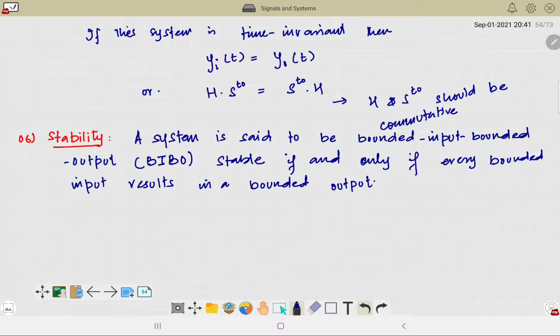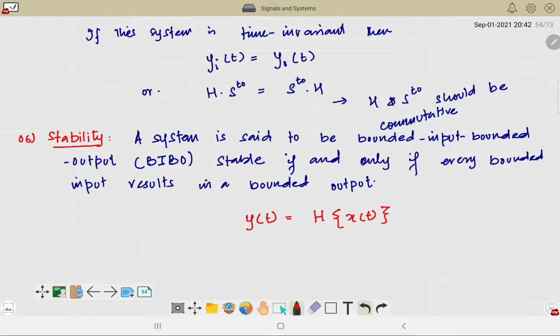Right? So again, we can do a bit of mathematical analysis that will help us later. So I have a continuous time system, y of t equals H of x of t, and we have to see whether this system, represented by the system operator H, is stable or not.